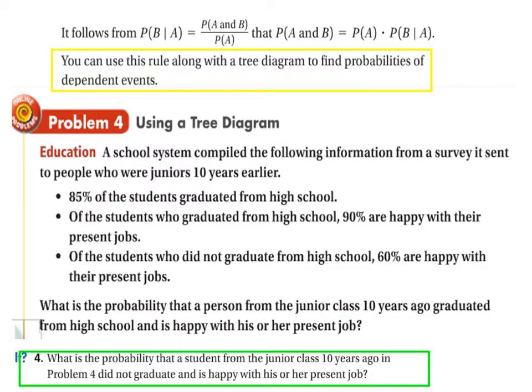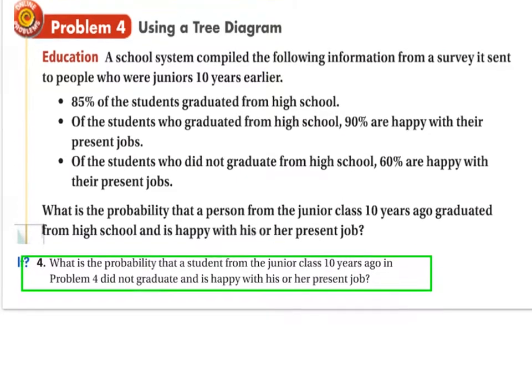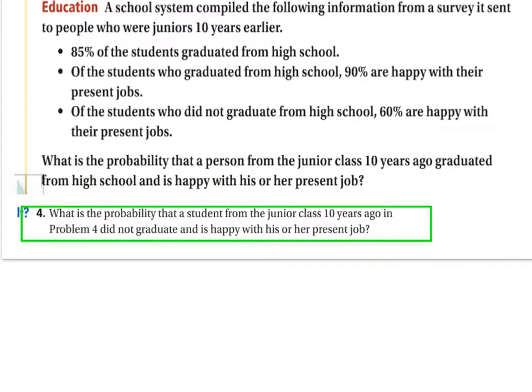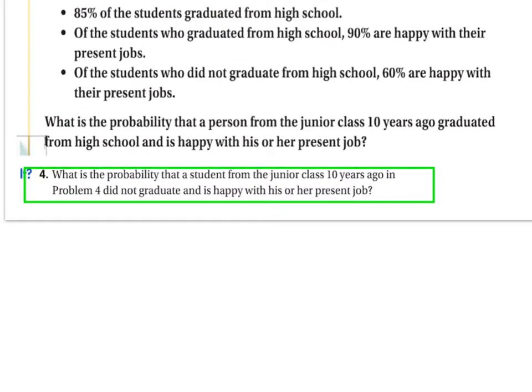And so what we'll do is we'll make a tree diagram. Here's where I'm going to have to scoot this up so I've got some room. So what we're going to do is a tree diagram, and it's going to be green because it's a tree.